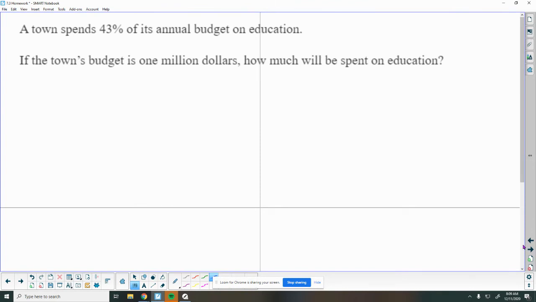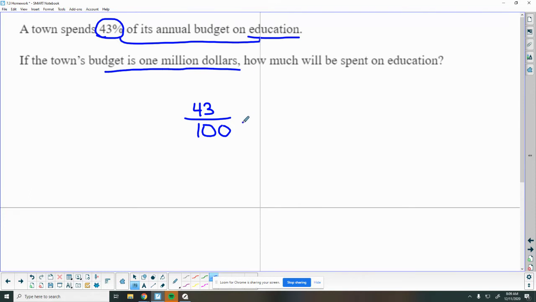Okay, I think this is number 4. Yep. A town spends 43% of its annual budget on education. So they're spending 43% on their school. So 43%, always over 100. If the town's budget is $1 million, so their total budget is $1 million. We're going to put that on the bottom here. 1 million.